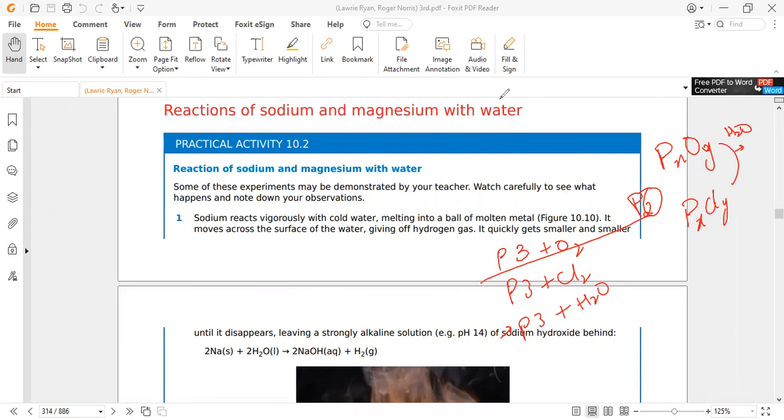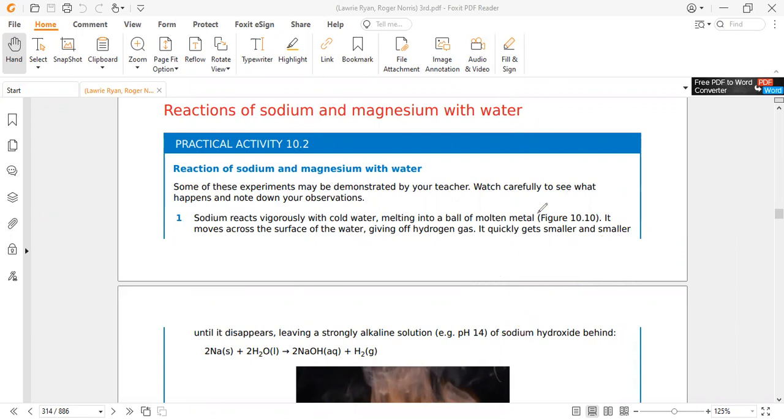Many of the period 3 elements, other than magnesium and sodium, are not very reactive towards water. Aluminum is not, because of its protective layer, and the other elements due to their non-metallic behavior. When sodium is put into cold water, the reaction is very vigorous and the sodium floats on the surface, which is one observation.